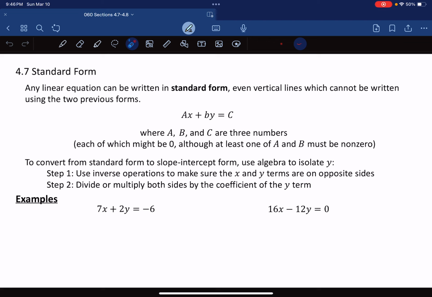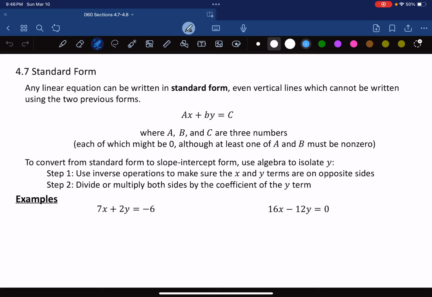In this first one, we're looking at two steps to convert from standard form to slope-intercept form. We're going to use algebra to isolate our variable y. This goes back to a previous section from, I believe, chapter 3, where we were isolating variables within equations.